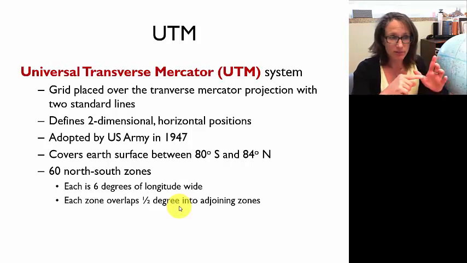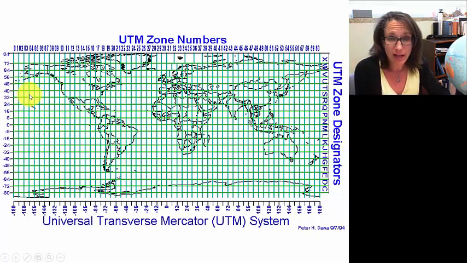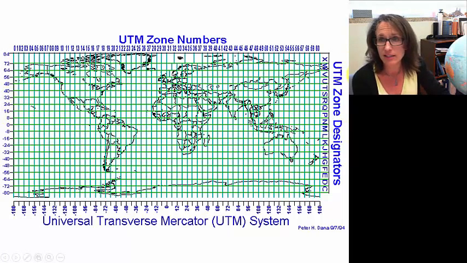And so what we're doing is projecting these little strips, and here, let me show you. Here are our UTM zones. So we have 1 to 60, and here's the equator right here. So there are in total 120, right? Because you've got 60 northern grids and 60 southern hemisphere grids.